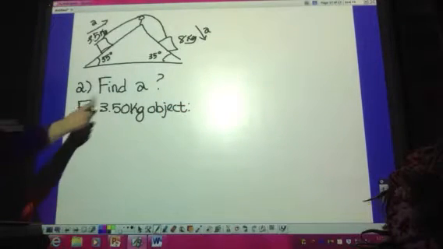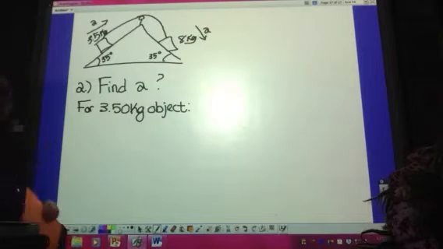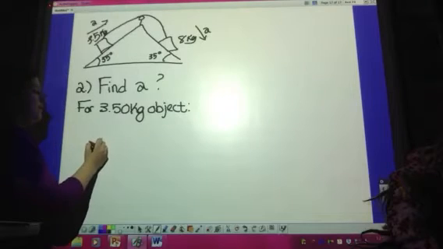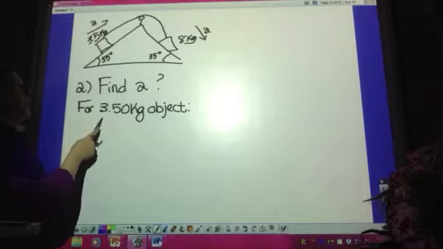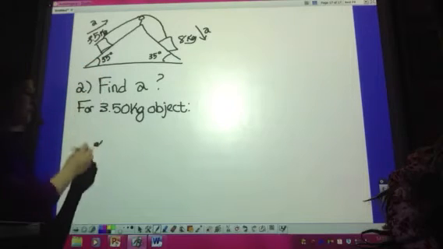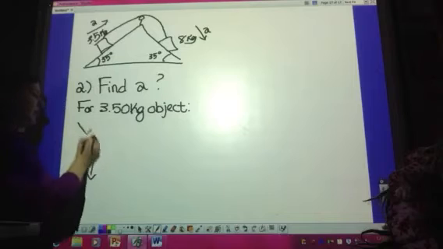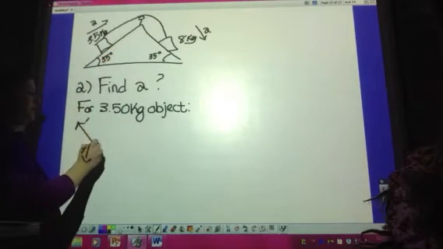I know if I need to find the acceleration, I should probably draw first a free body diagram, right? So I want to think about all the forces that are acting on this 3.50 kilogram object. So I would have weight force, which is straight down. I have the normal force, which would be at some angle. And then I have my tension.